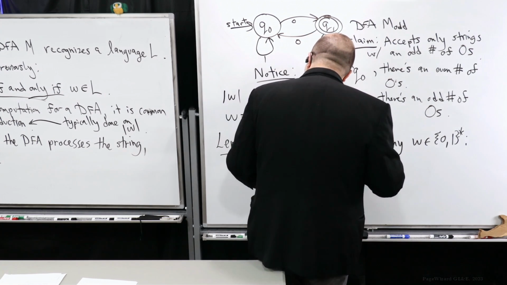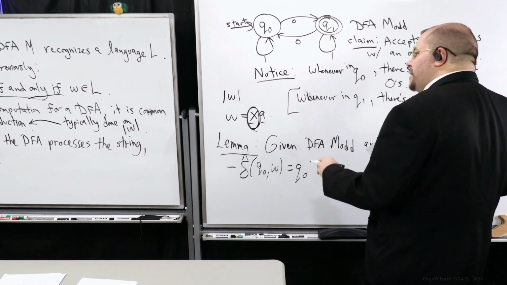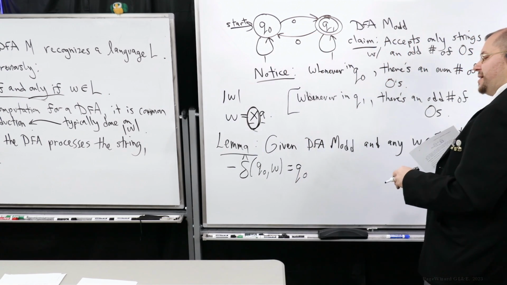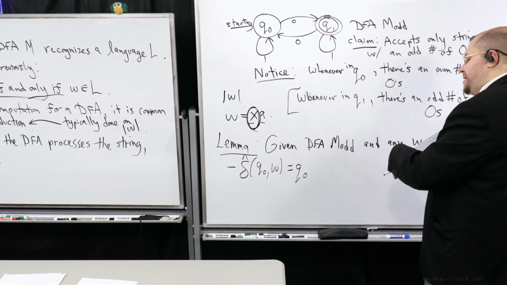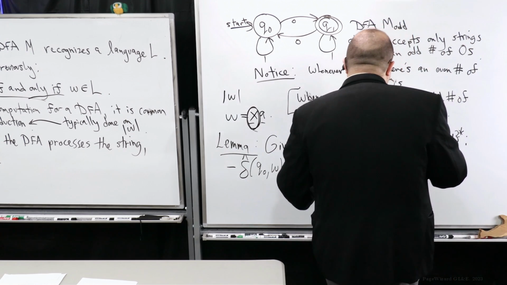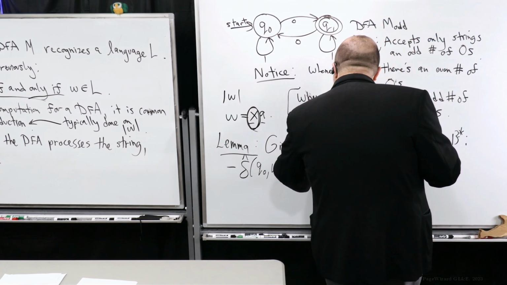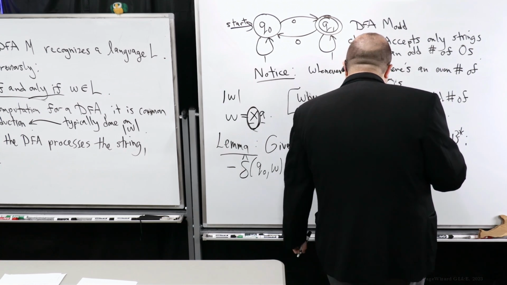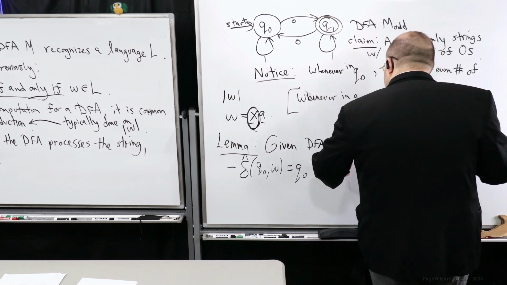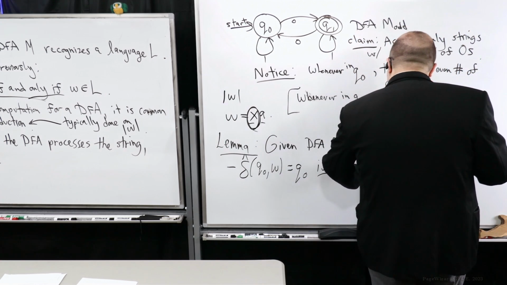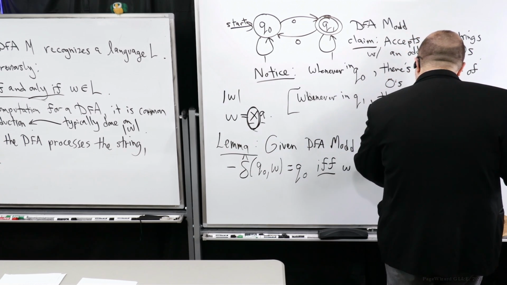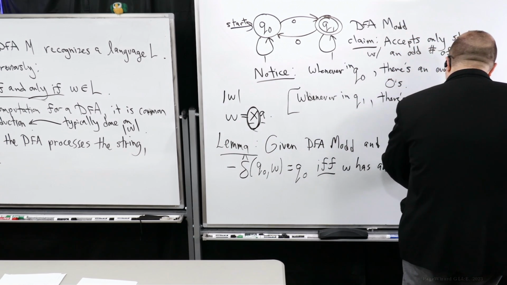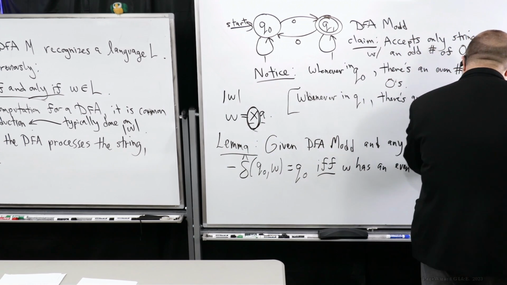If I read string W and I start at the start state, and if I land in Q0, it has to be if and only if. I'm going to abbreviate if and only if as IFF. If and only if W has an even number of zeros.